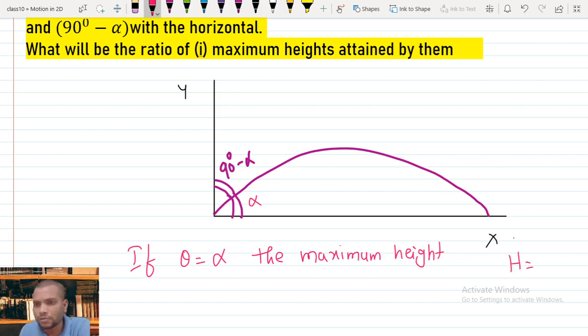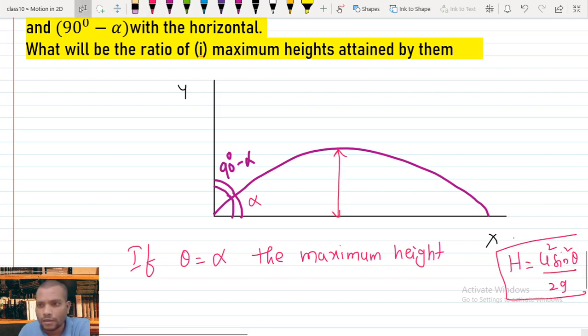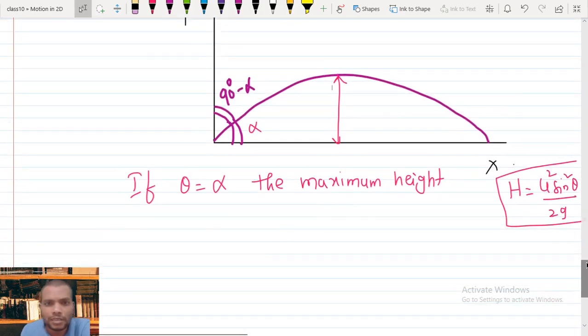Maximum height h equals u square sine square theta upon 2g. So this is the formula for maximum height, and in this case the value theta changed to alpha.